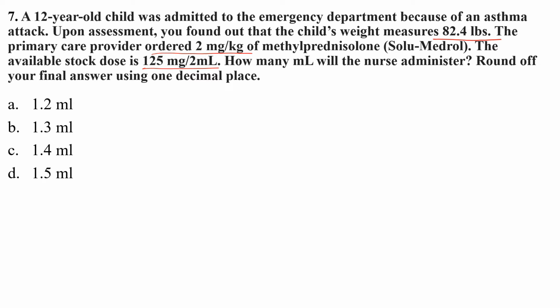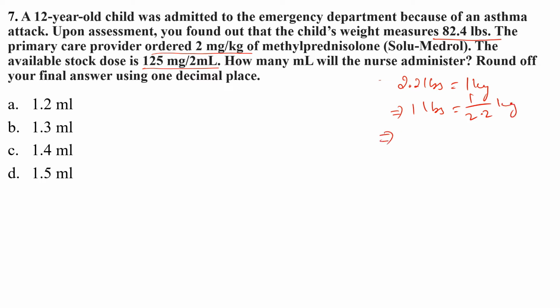So here in the question, the weight of the child is given in pounds, so we have to convert it into kg so that we can calculate the ordered dose, since the ordered dose is given as 2 mg per kg. We know 2.2 pounds equals 1 kg. So 1 pound will be 1 by 2.2 kg.